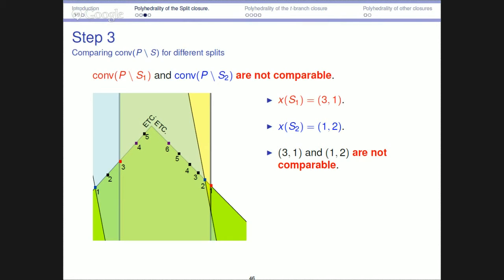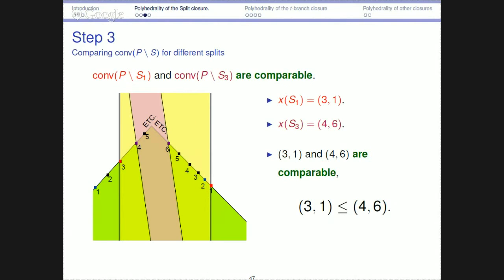No vector is less or equal than the other. And you can see that the cuts that we obtain are also incomparable, right? Because we have this cut and this cut, given by 1, 2, and 3, 1. But it could be the case that we can compare them. So for instance, this split set, the purple split set, gives a worse cut because this cut is implied by this cut.